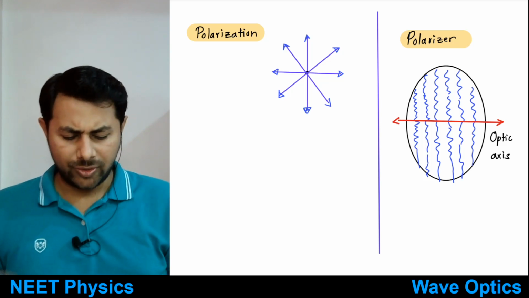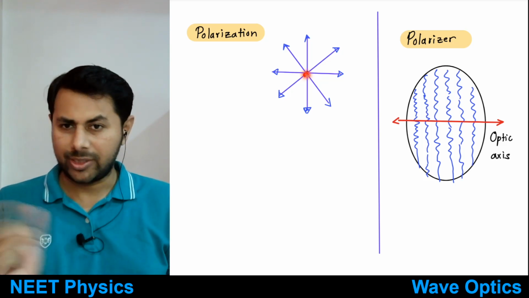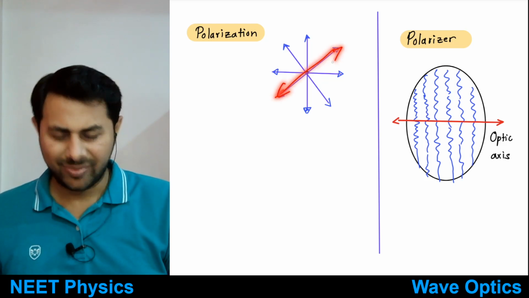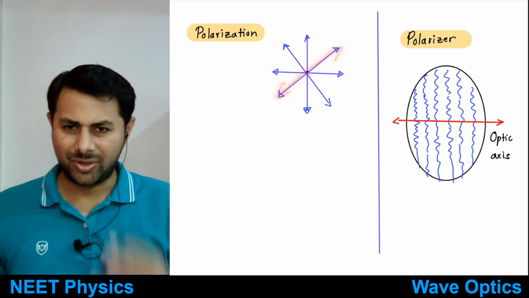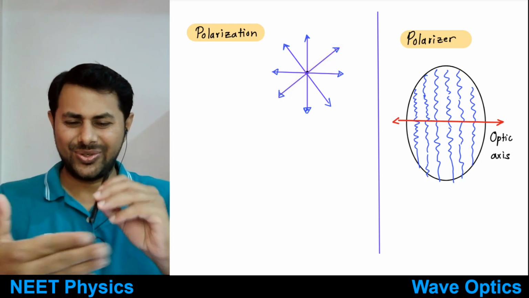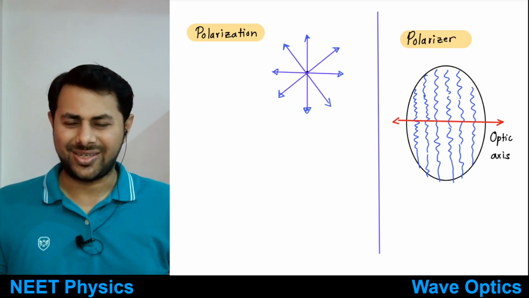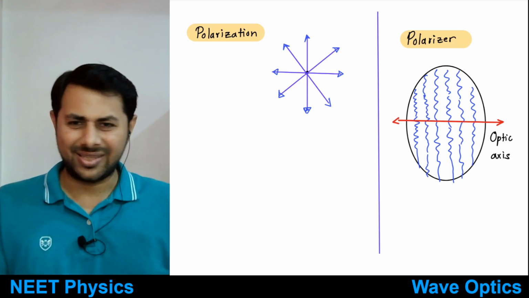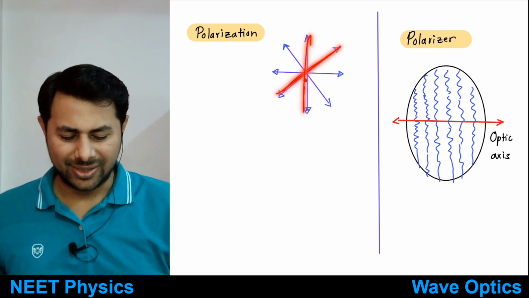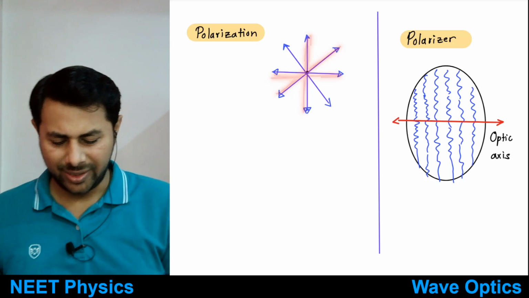You can imagine this point is coming towards you out of your screen, or you can just keep your pen on that point. So the light wave is coming that way, then the electric field would vibrate in this plane or in this plane or in this plane.